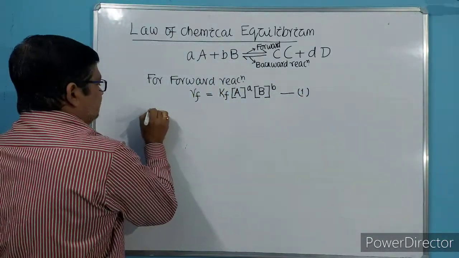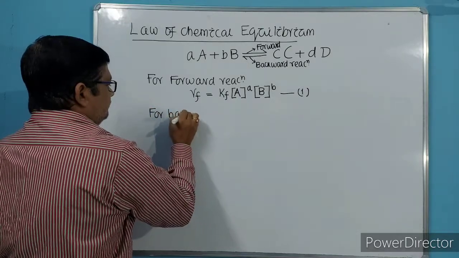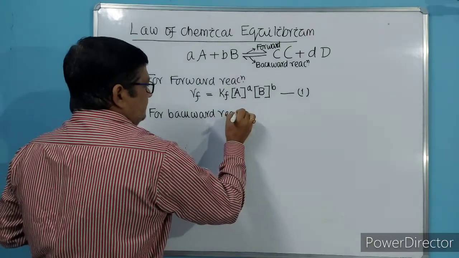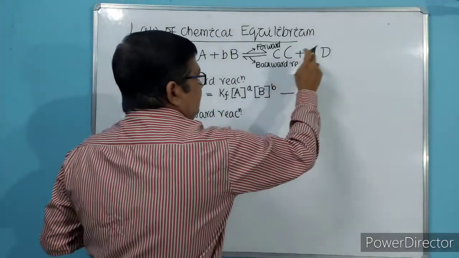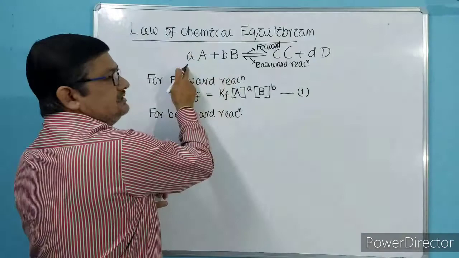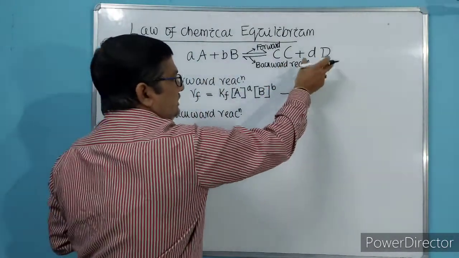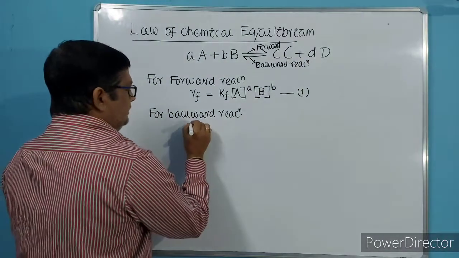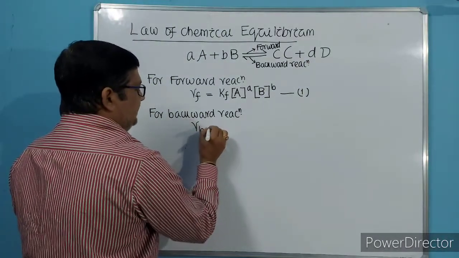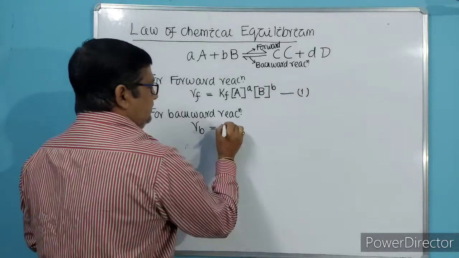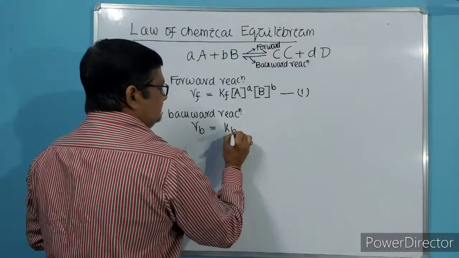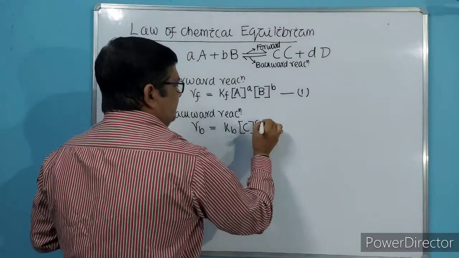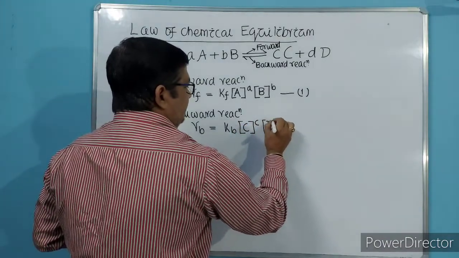Similarly, for the backward reaction, C and D are the reactants and these are the products. So for the backward reaction, we will consider C and D as the reactants. As per law of mass action, what will be the rate of the backward reaction? Rb, the rate of backward reaction, will be equal to kb, that is the rate constant for the backward reaction, into [C] to the power c into [D] to the power d.